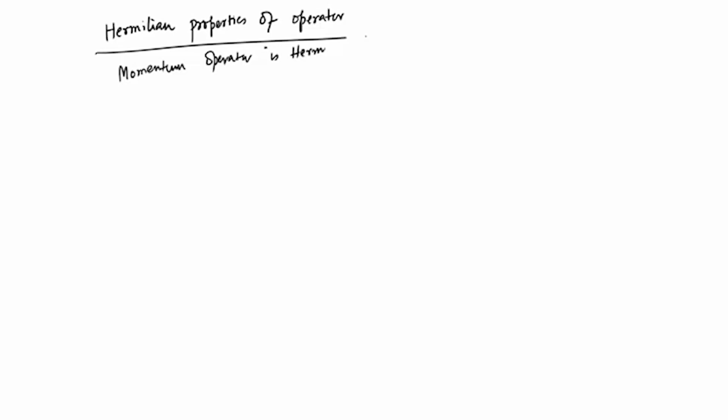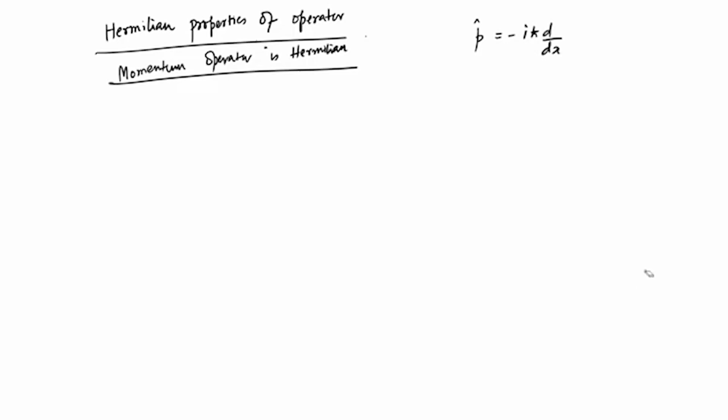And why is this question being raised? Because you have seen earlier that p is equal to minus i h cross d/dx. Of course, you can write it del/del x, and if you want, you put a cap on that, because these are operators and we are writing it only in one dimension.